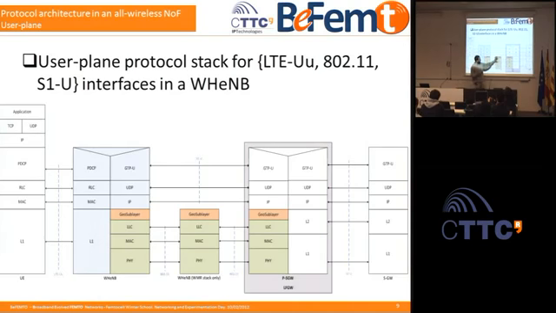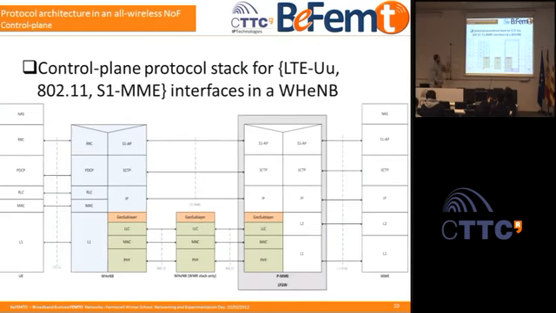You just use this part of the stack when you are forwarding, helping other homing node Bs make packets reach the local femto gateway. In the local femto gateway, you still have this part, but towards the core you don't modify anything. So all our innovation is constrained to the nodes in the network of femtocells.